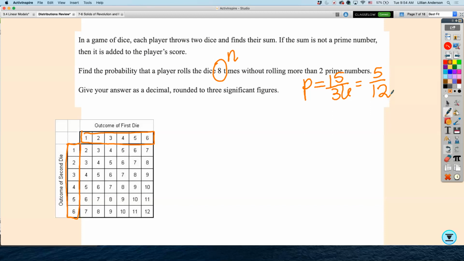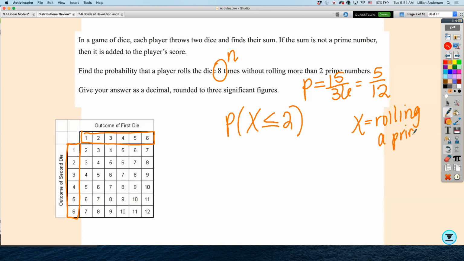So if we're trying to find the probability that a player rolls a die 8 times without rolling more than 2 prime numbers, we're essentially finding the probability that x is less than or equal to 2, where x represents rolling a prime number. That's why the probability was 15 over 36.